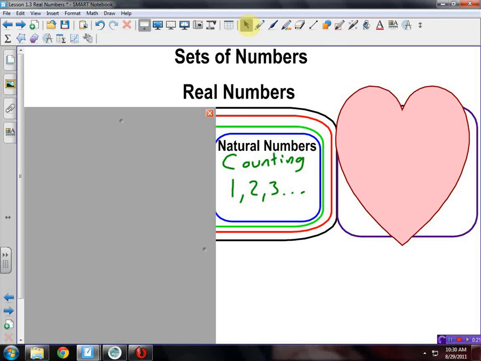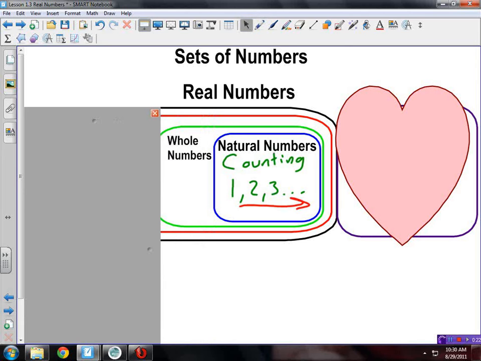Right? So the natural numbers are the smallest set. Okay? A set that's a little bit bigger than natural numbers, right? It's actually bigger by one number, and that number is 0. Right? These go up this way forever. Okay? So the whole numbers include 0 plus all the natural numbers. Okay?